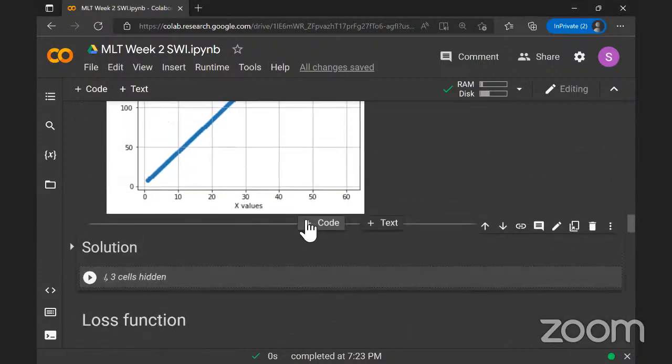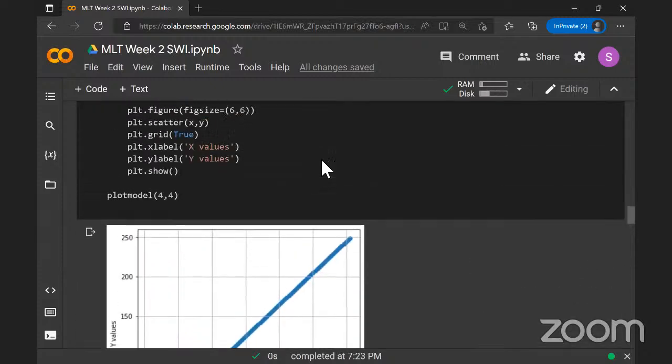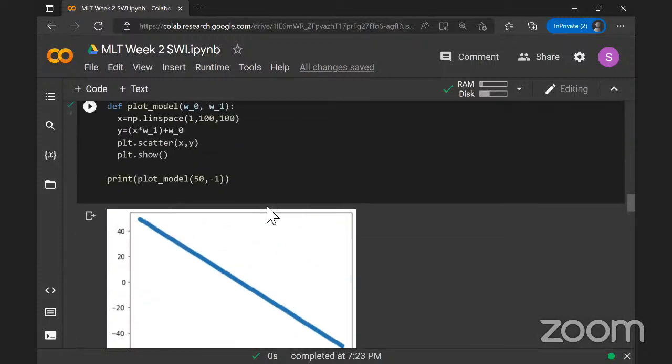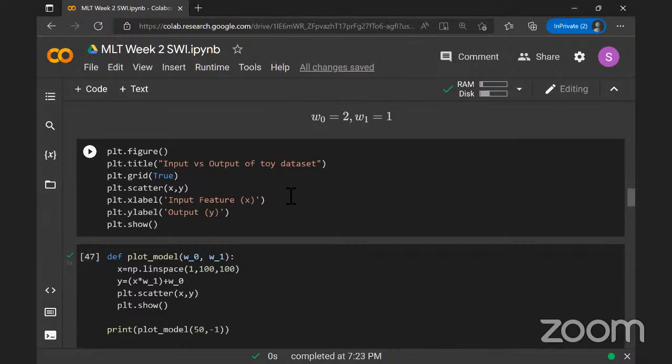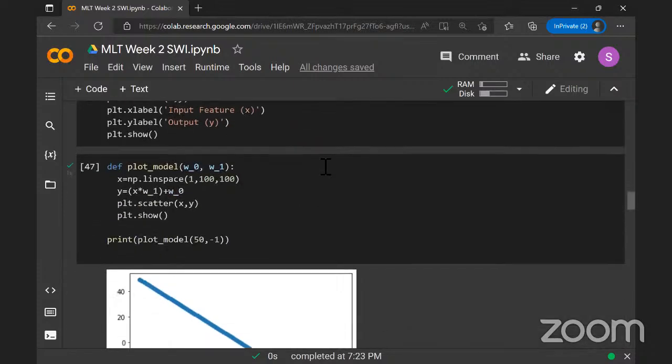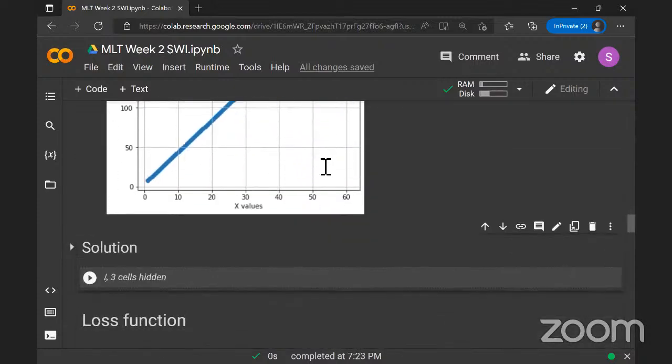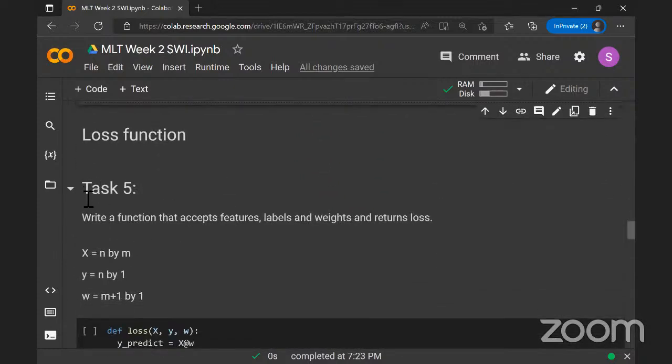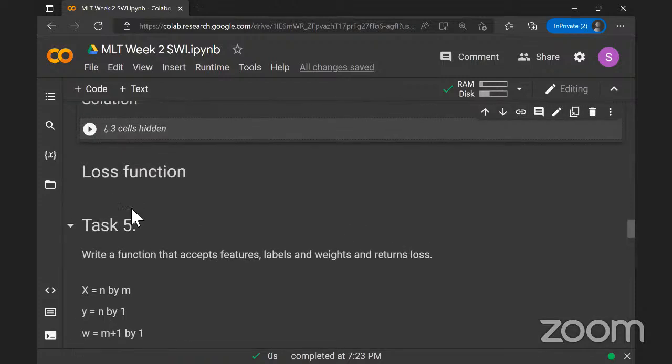Any questions so far? There's no need to put any noise unless specifically mentioned, right? Yeah, because the question didn't ask for it. All it is asking is just plot a model. Let's go to task number 5. Write a function that accepts features, labels, and weights and returns loss.